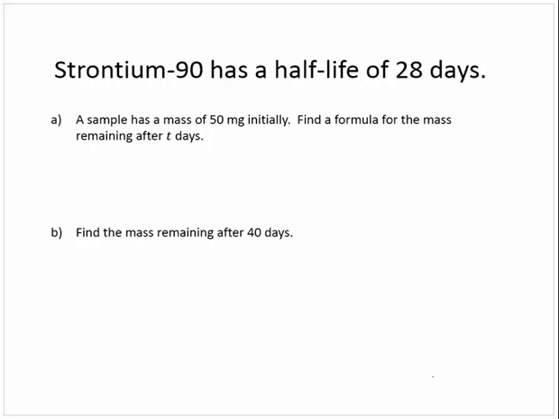In the previous exercise, we saw an example of exponential growth, and here we'll look at an example of exponential decay. Here we're told that strontium-90, a radioactive isotope, has a half-life of 28 days. We're then told that a sample has a mass of 50 milligrams initially. Find a formula for the mass remaining after t days.